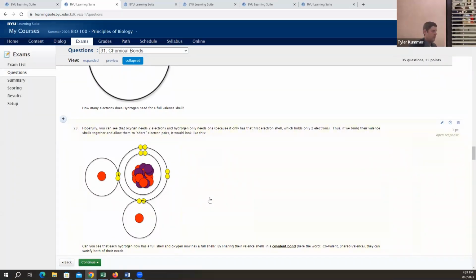They're moving around, zooming back and forth, but we're just depicting them here so we know these 2 are being shared. Now, 7 isn't enough for oxygen. They need to get to 8, and so it will form a second bond with a second hydrogen. And there we have water, H2O, forming because these 3 atoms are all trying to have a full valence shell. That is a covalent bond, and there's the sharing of electrons.